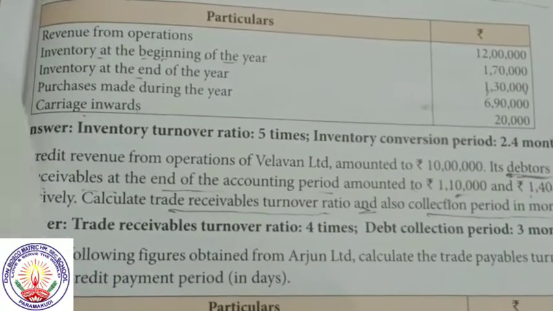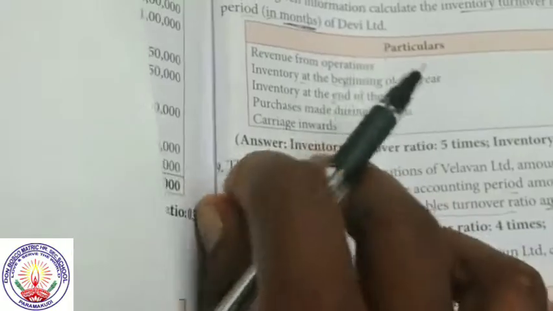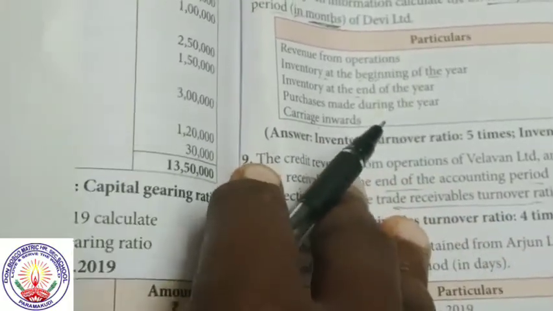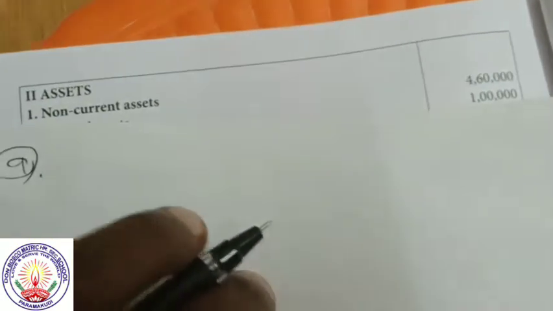Now find out the illustration, Exercise 9. First of all, what is the question? Trade receivable turnover ratio.